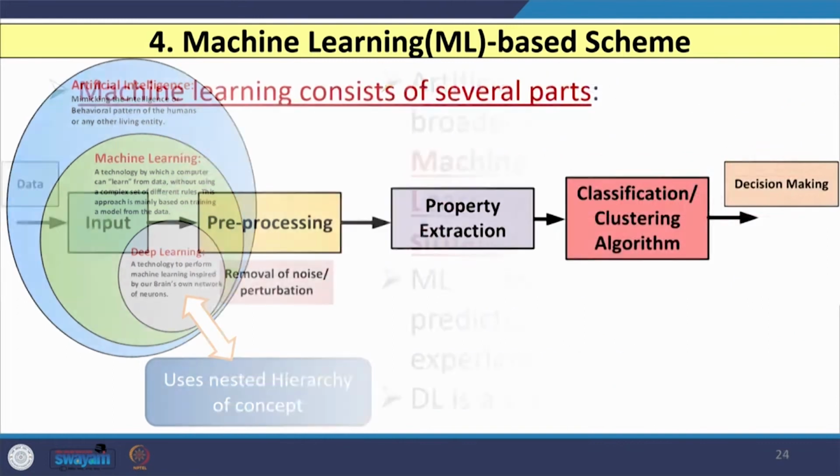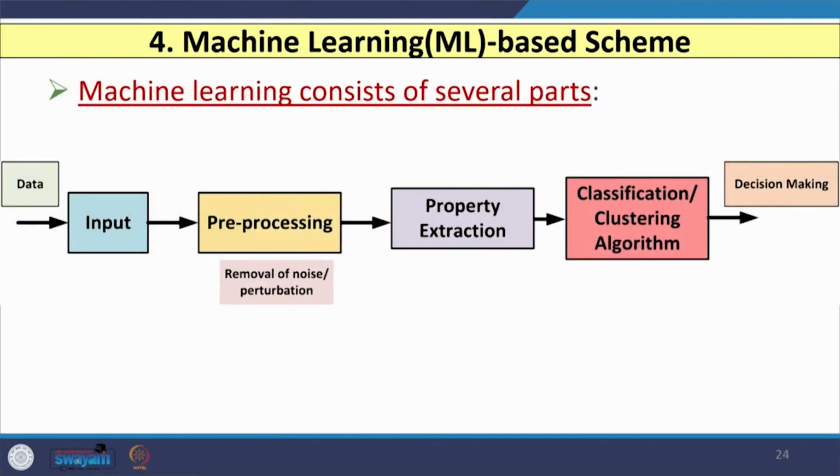Deep learning uses the concept of nested hierarchy, and hence it is more powerful than machine learning and other techniques. Now, let us consider the different parts involved in a machine learning based scheme. Whenever we consider a machine learning based scheme, it needs some input. So, we have to acquire some parameters, then pre-processing has to be carried out on the acquired information or signals, and this is required for the removal of noise.